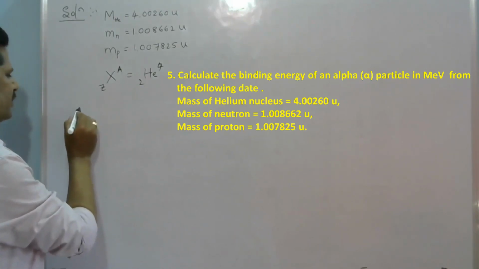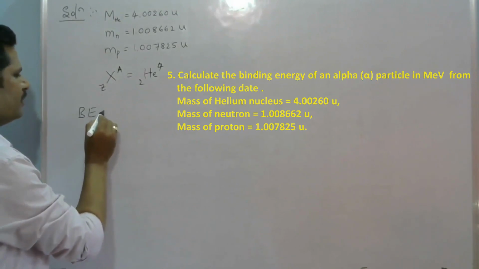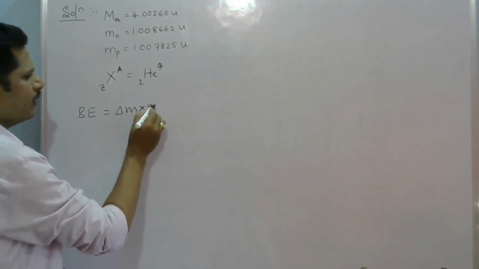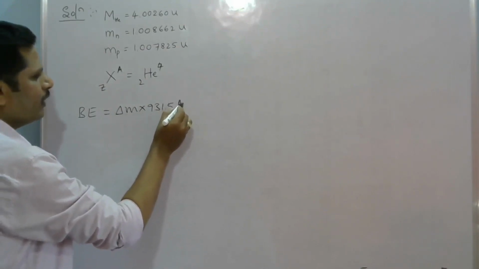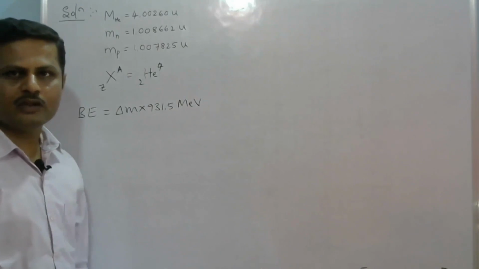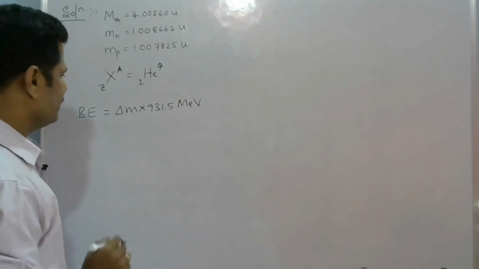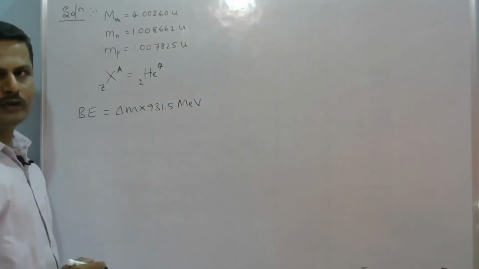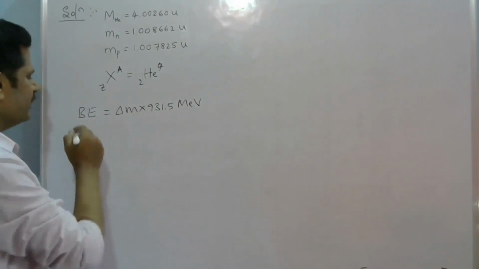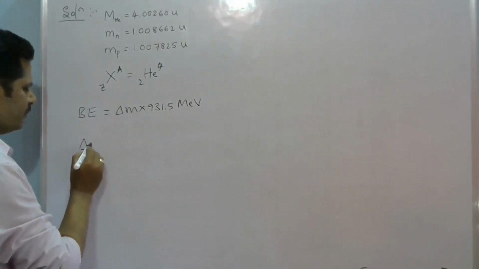Binding energy is nothing but mass defect times 931.5 mega electron volt. Binding energy is the energy which is responsible to hold the nucleons together in the nucleus. That is equal to delta M into 931.5 mega electron volt. So first we need to find delta M, the mass defect.